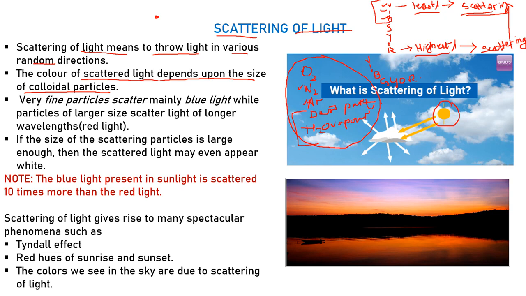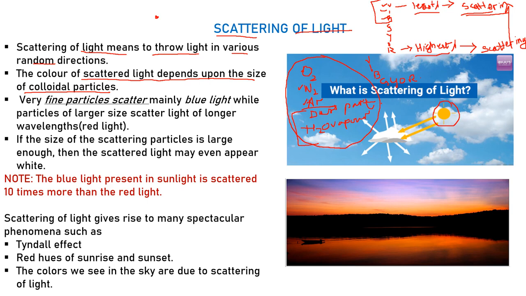And by the time this light reaches the earth's atmosphere, the dust particles and water vapor are big enough to scatter the light, and the bigger the particle, the more they scatter light of higher wavelength, and at the end they scatter so much that ultimately the light turns white in color.